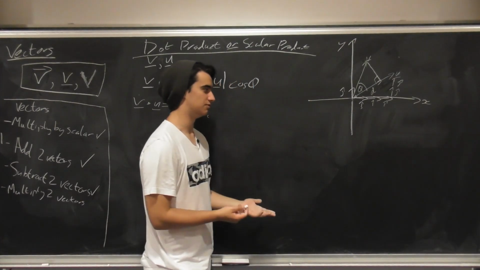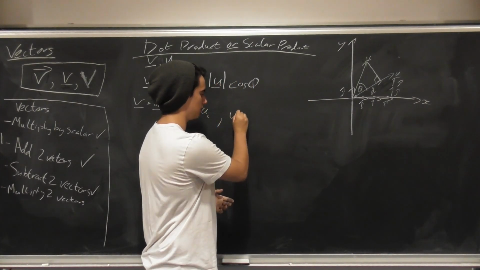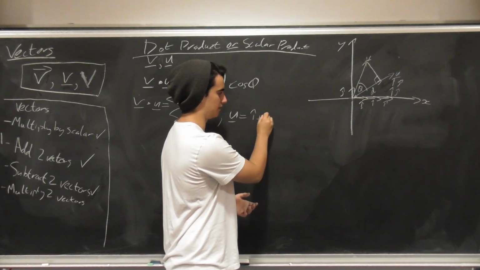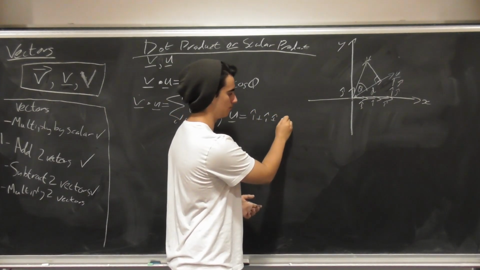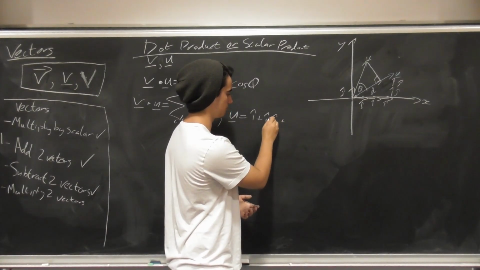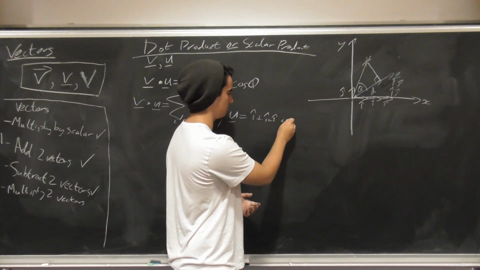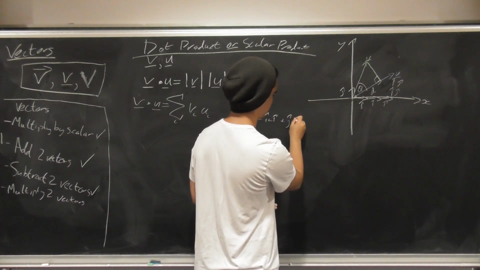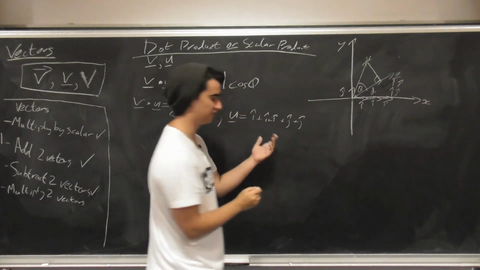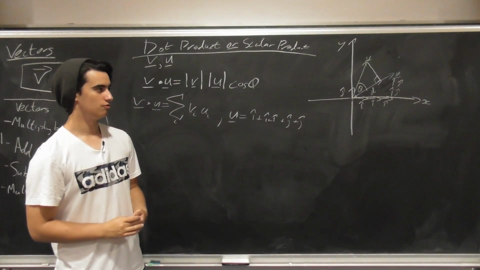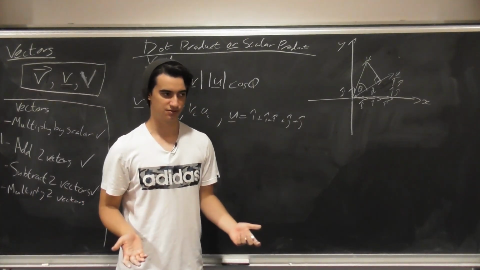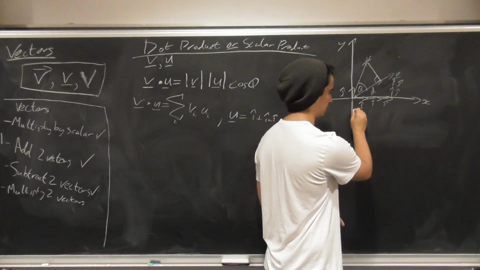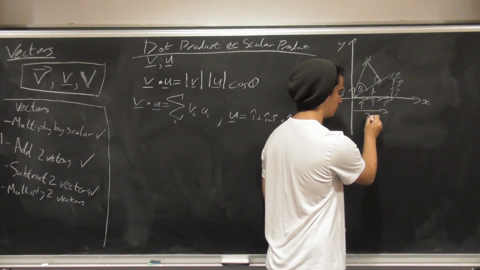But obviously, we're not going to call our u vector i plus i plus i plus j plus j, because that's just confusing even writing it. But we can scale it. So instead of i plus i plus i, this is the same as saying 3i, right?